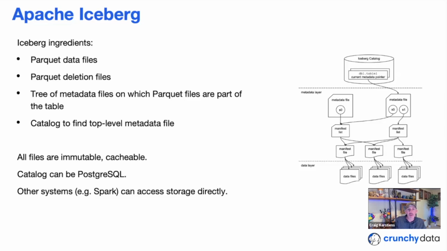I'm going to layer on this metadata and catalog to say, hey, I've got hundreds of Parquet files that comprise my data over here, and I've got these deletion files, and then new insertion and update files, to really turn this set of files on disk into a living, breathing database.